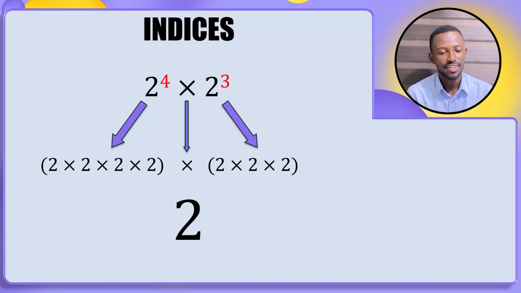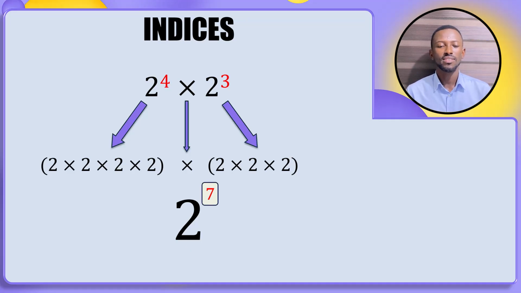For the first one, it appears 4 times, and for the second one, it appears 3 times. In total, it appears 7 times. So you write 7 at the top of the 2. You have 2 to the power 7, or 2 exponent 7, or 2 index 7. I think that is clear, right?